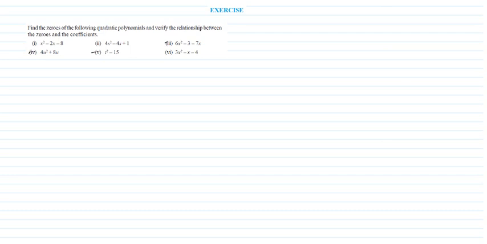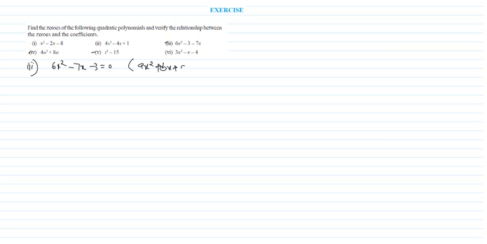So we'll try to solve the third question, that is 6x square minus 3 minus 7x. Okay, so here 6x square, so we'll write the equation similar to the standard equation form, where the standard equation was ax square plus bx plus c.